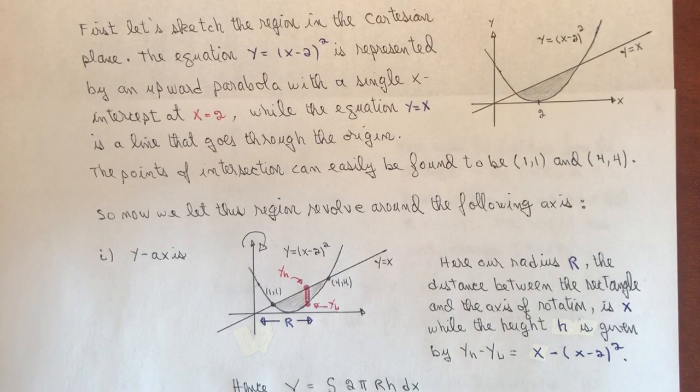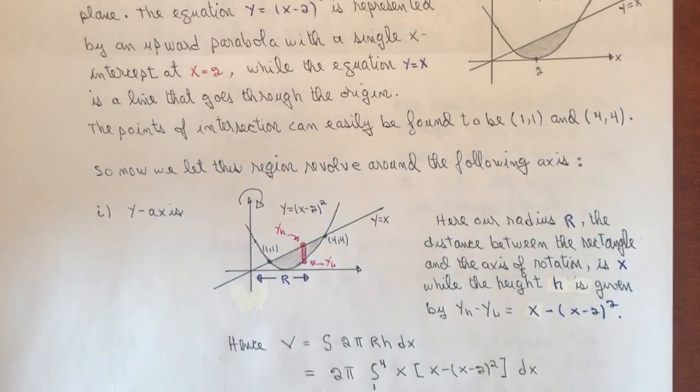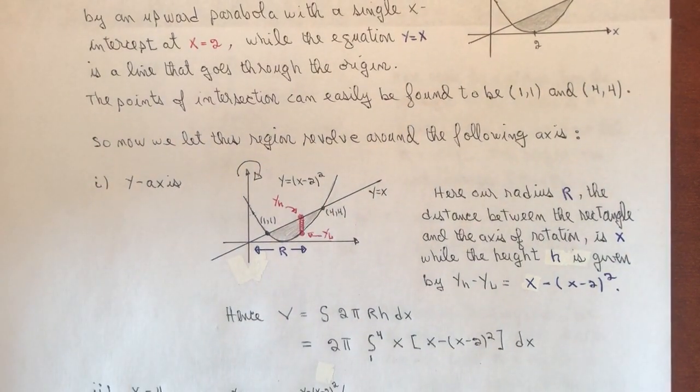That big R is x, while h is given by y high minus y low because the rectangles are again vertical. That is from the line to the parabola, so x minus (x minus 2) all squared. So using shells, we get that the volume is 2 pi, the integral from 1 to 4 of x times (x minus (x minus 2) squared) dx.